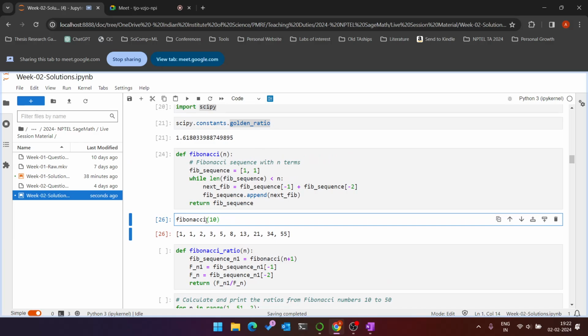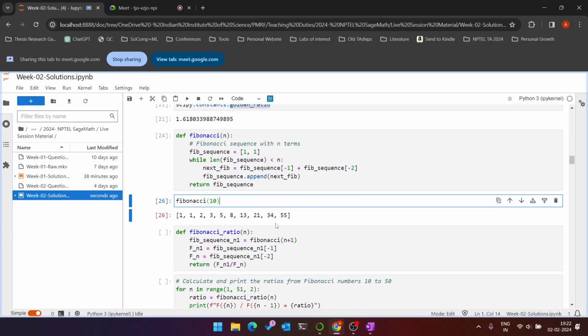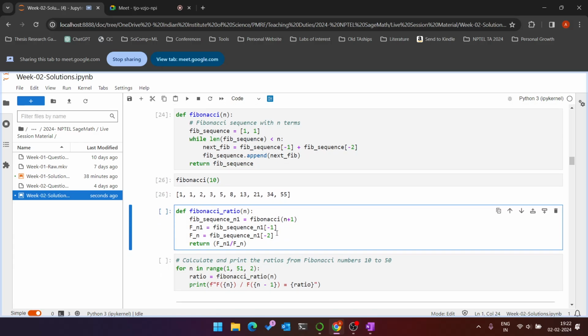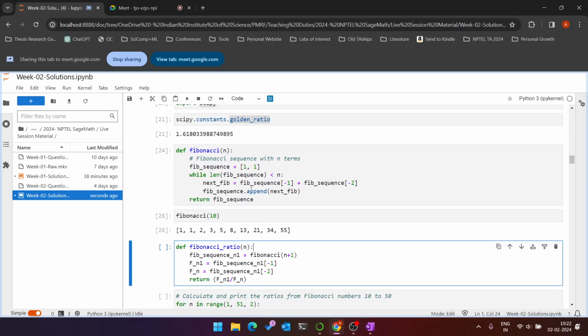Next, we use this sequence function to calculate the ratio of Fn plus 1 to Fn. The way we do this is we could call the Fibonacci sequence twice, once for n plus 1 and once for n, but that would be redundant because the n plus 1 Fibonacci series will contain all the series from 1 to n.